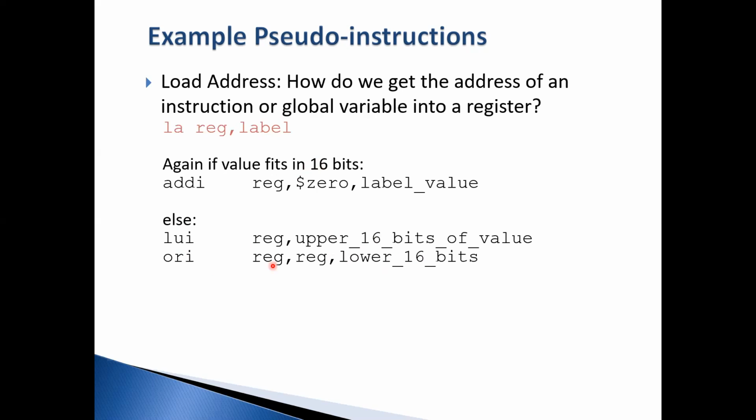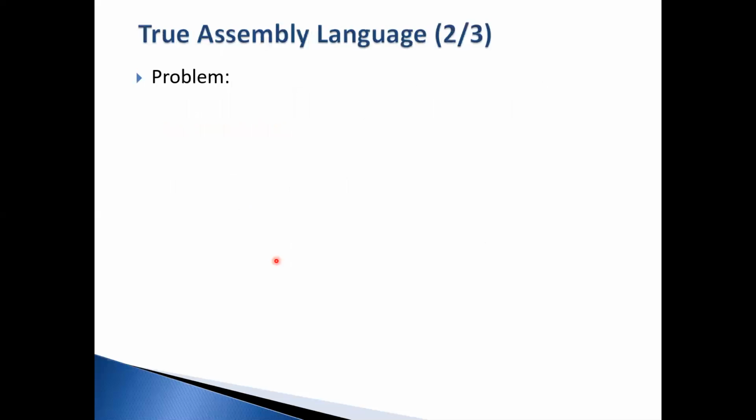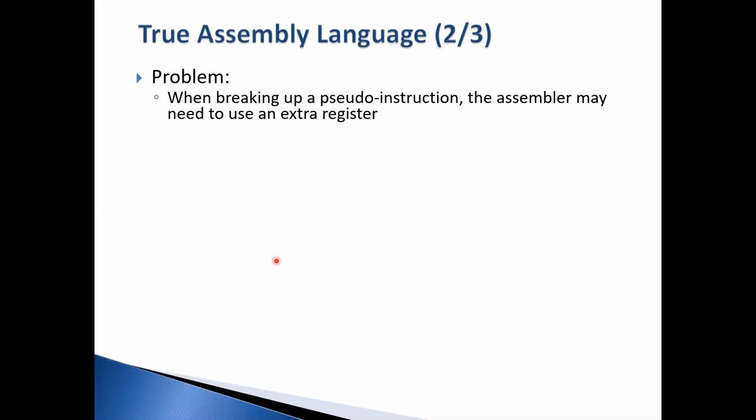Now you have the whole address, and in the end the register will contain the same address value as LA. From this example, you can see that when we break down a pseudo instruction, we may need an extra register to store a temporary value.